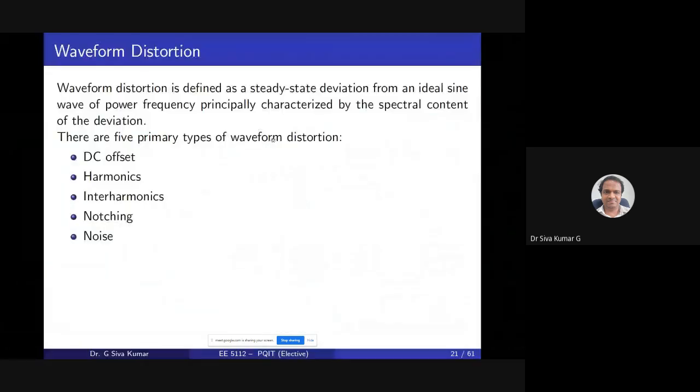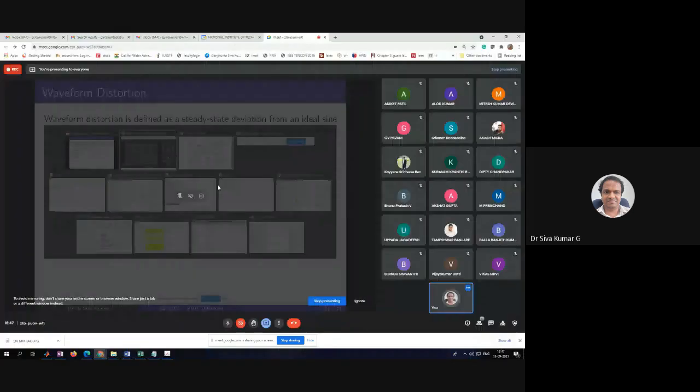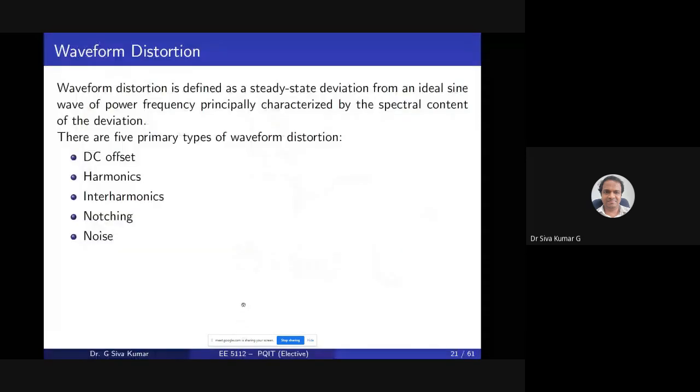Next are the interharmonics. Waveform distortion is a steady-state deviation from an ideal wave.